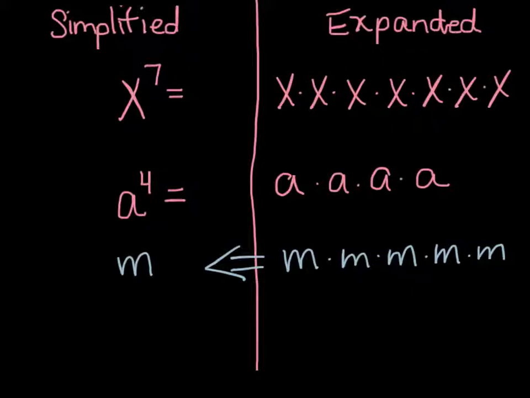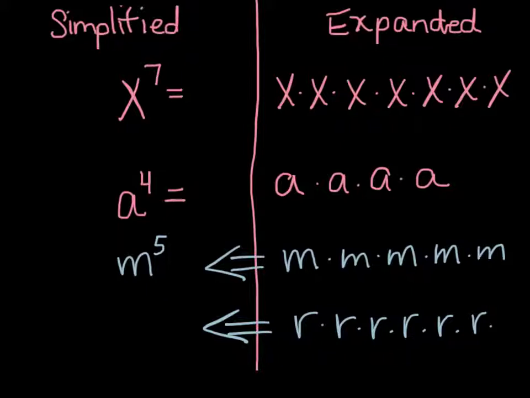So in simplest form, it's going to be m to the 5th. If I gave you this example, r times r times r times r times r times r, you're going to write that in simplest form, and we have 1, 2, 3, 4, 5, 6 r's. So you're going to write r to the 6th.